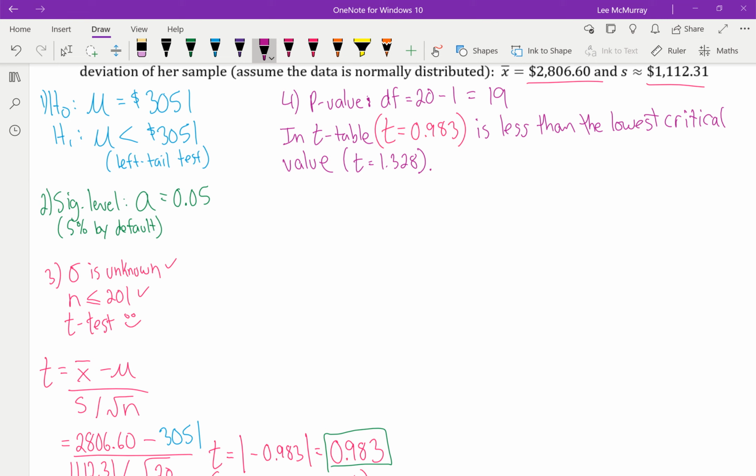And because of that, we're going to say, therefore, and this is just from the rules we reviewed previous to the t calculation, so you can scroll up and read this.